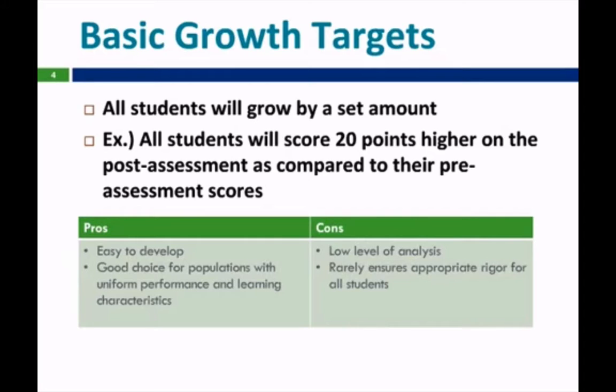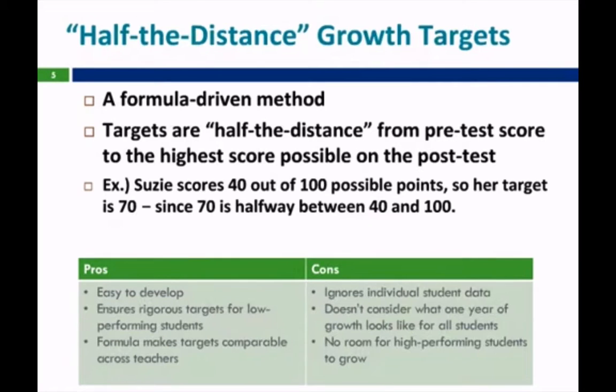For example, in Spanish 1, a student who doesn't really grasp the content at the end of the school year or at the end of the semester may not be adequately prepared for Spanish 2. Okay, half the distance growth targets.